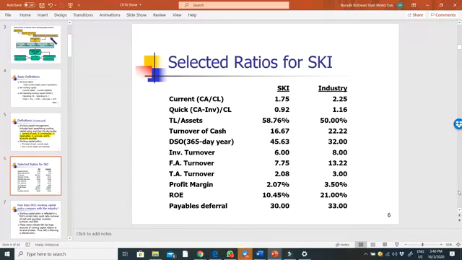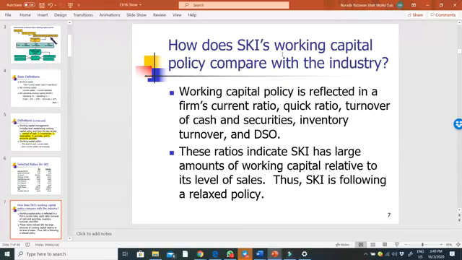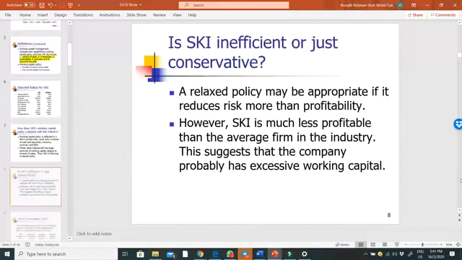How does SKI's working capital policy compare with the industry? Working capital policy is reflected in a firm's current ratio, quick ratio, turnover of cash and securities, inventory turnover, and DSO. These ratios indicate SKI has a large amount of working capital relative to its level of sales. Thus, SKI is following a relaxed policy.